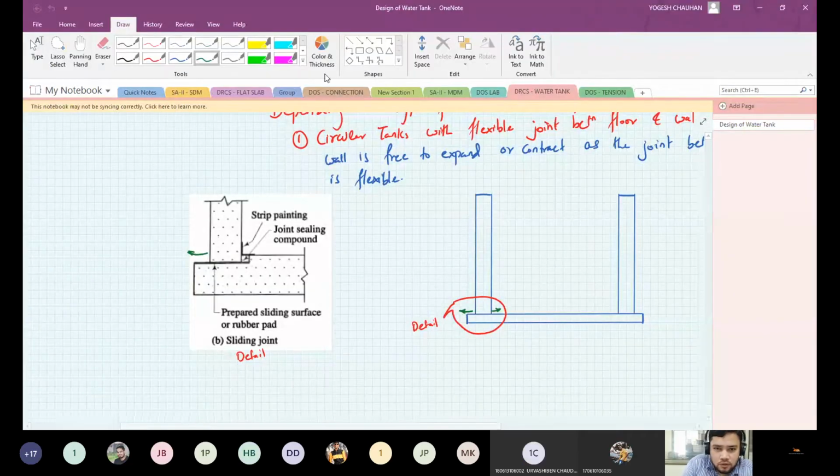Now this is the water level. This is water level, and this is freeboard. And this is the diameter of the tank, and this is the depth of the water inside the tank.